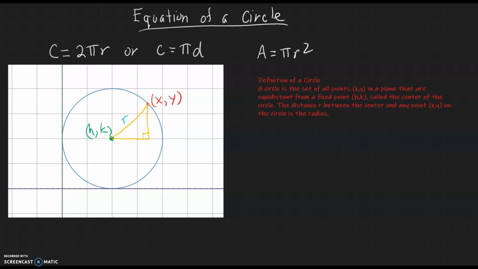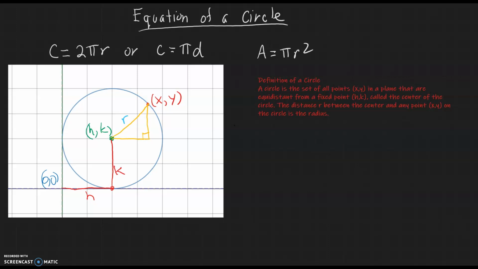In addition to that, we'll think of the distance from 0, 0. 0, 0 is actually over here. This is our origin right here. And the distance from the origin to this point right here, we'll label as h. That's the distance h. And then if we go up, that's the distance k.